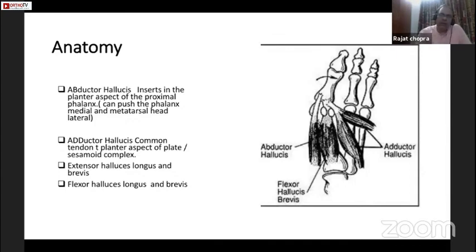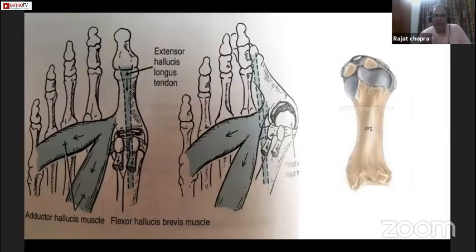Along with that, you have long tendons on the flexor side as well as on the extensor side. So how does the deformity start? But before we go into that, let's look at one more important feature of the base of the first metatarsal. If you can see my cursor over here, you are looking at it from the plantar aspect, so from below.